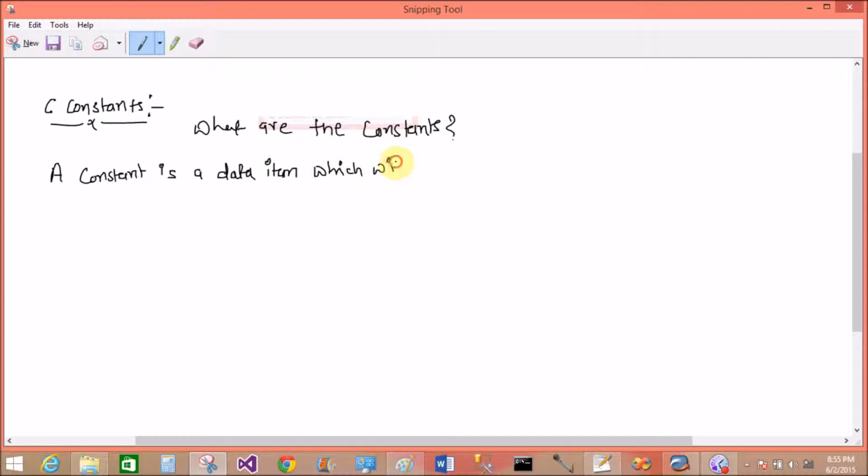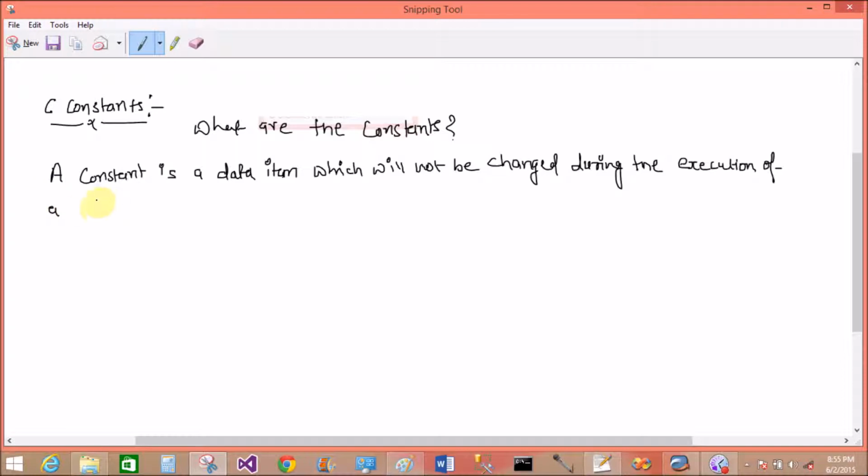In the previous video tutorial, I have already discussed literals. Literals are known as constants. There are different types like integer constants, string constants, character constants, etc. So a constant is a data item. Suppose a variable a holds 10, an integer number.